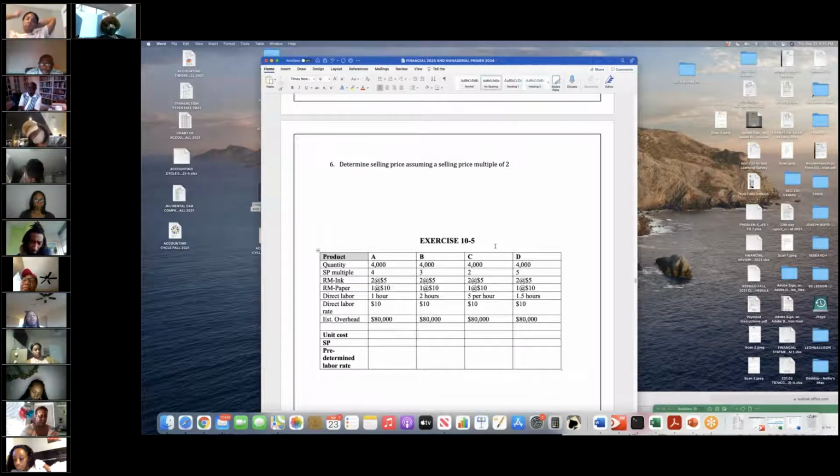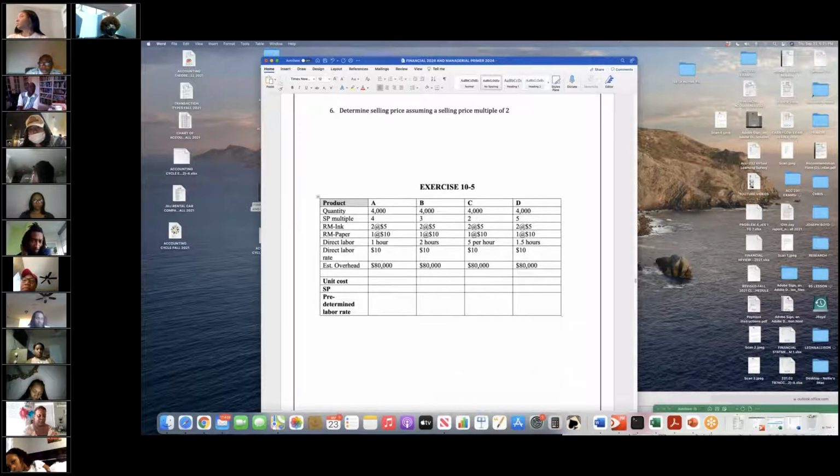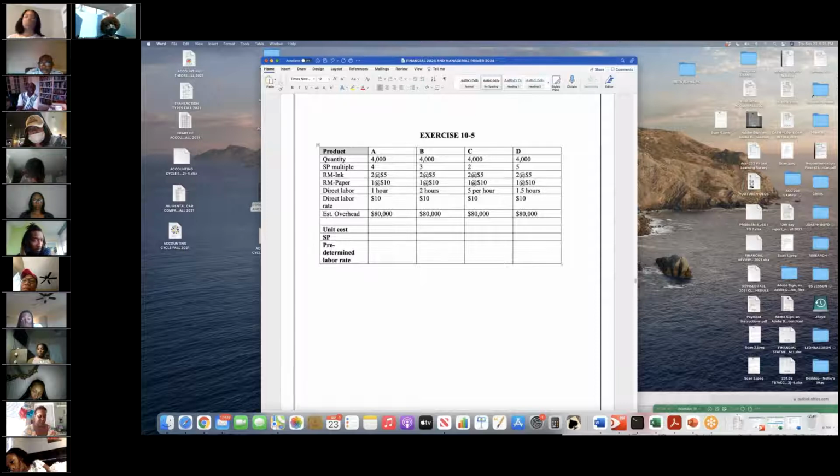So the first part of the class, we'll work collegially together on the in-class problem so we get a better understanding. Then the second part of the class, I'm going to call on a member of each team to work out one of these situations.